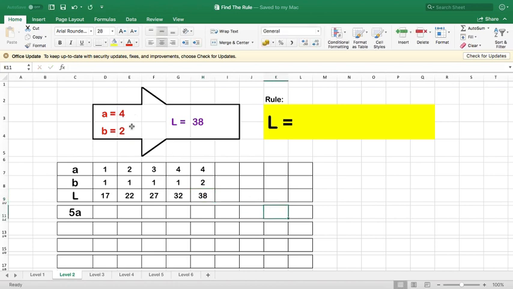When A equals 4 and B equals 3, L is 44. So it looks like making B go up by 1 makes L go up by 6. So if that's true, then we should expect the next one, with 4 and 4, to be 50. So let's make that prediction. And indeed it is 50.